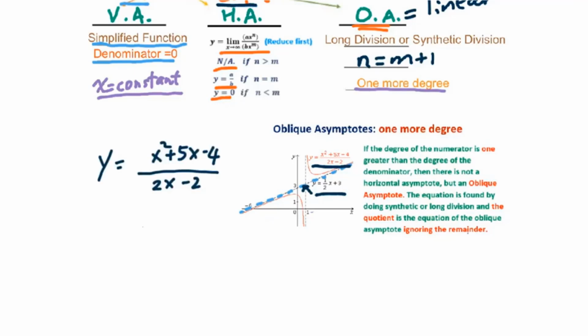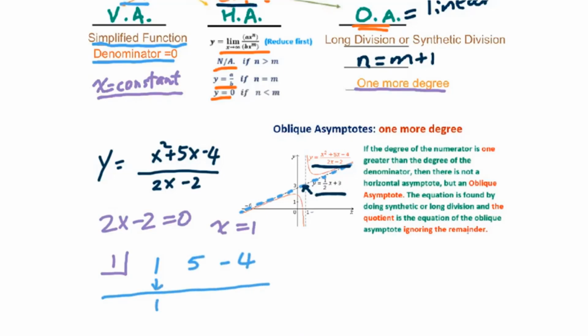Since the denominator is a linear function, we can use synthetic division this time. Set 2x minus 2 equal to 0, so x equals 1. We set up 1. Then we write 1, 5, negative 4. You bring down the 1. Multiply is 1, add to get 6. Then multiply to get 6, and this is a 2. This will be the remainder.